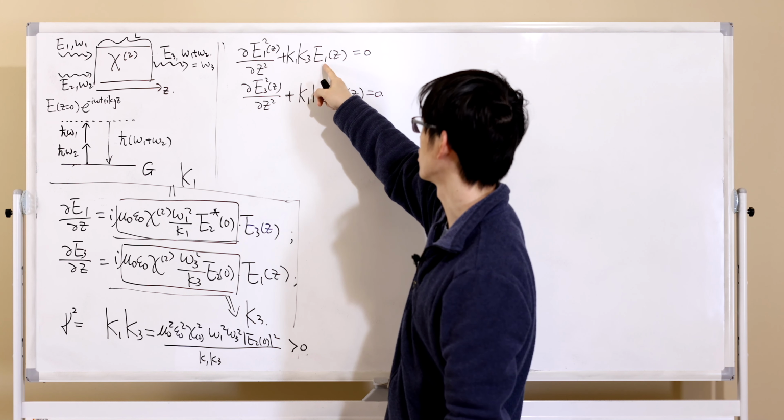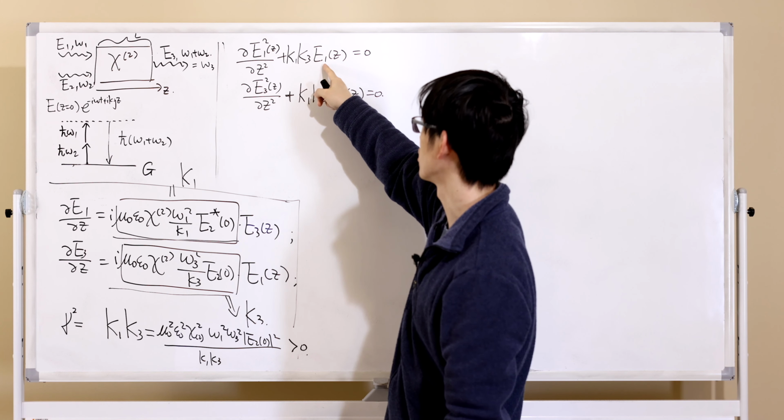It's a number that you know because you shine a laser there. The second thing is that you know E3, the sound frequency at the input side, must be 0, because you only input E1 and E2. You didn't input any of E3. So at the input port, E3 at z equals 0 has to be 0.